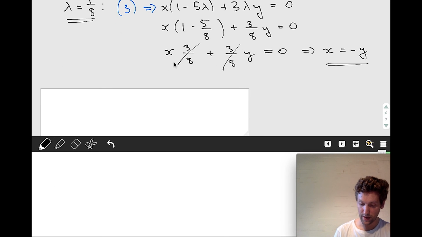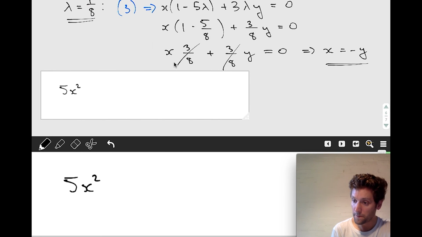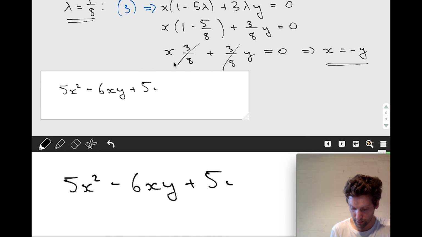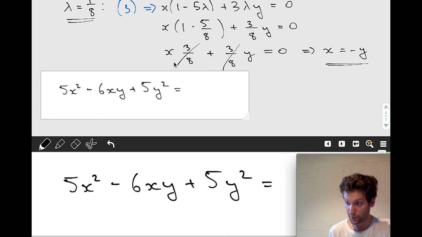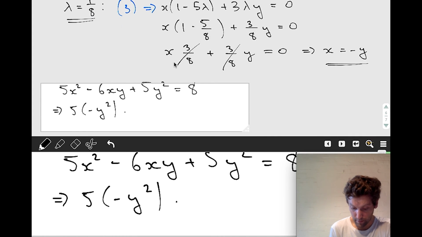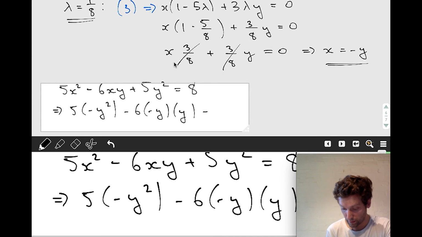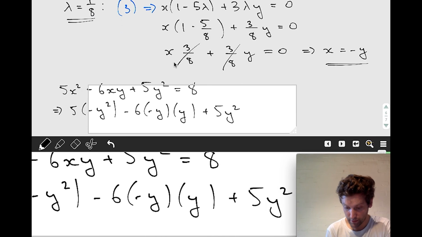Let's go back to our constraint. Our constraint was 5x squared minus 6xy plus 5y squared is equal to 8. Substitute in x is equal to minus y to get 5 minus y squared minus 6 times minus y times y plus 5y squared equals 8.